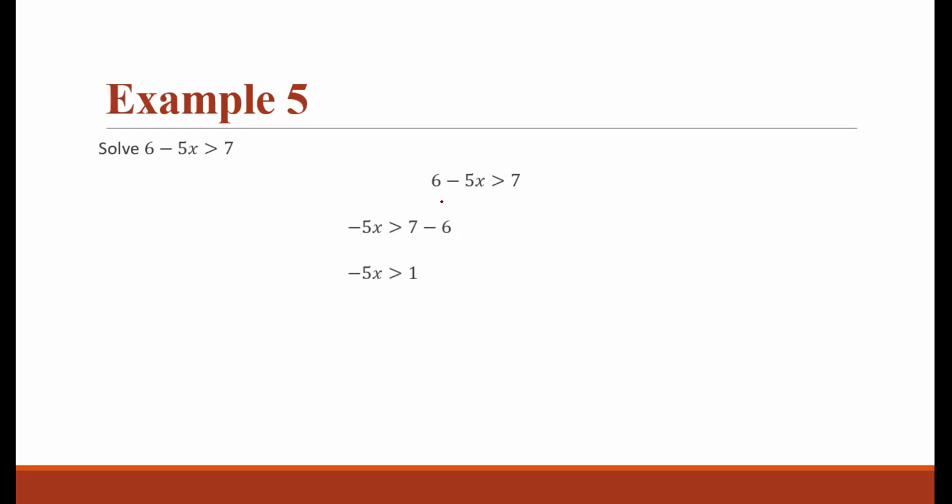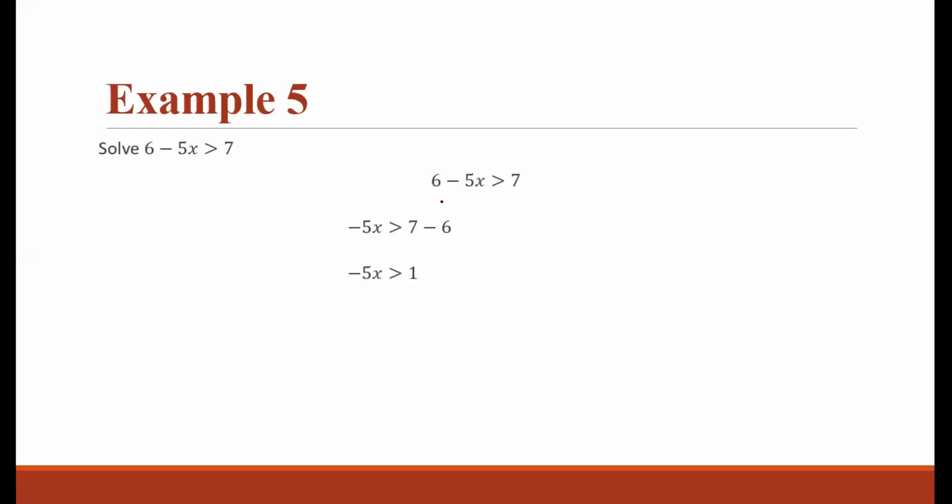Now here what we're going to do, we're going to divide through by a negative 5. Did you see a negative 5? And when you see a negative 5, what happens to the symbol? The symbol is going to change. We only have 2 symbols, greater than or less than.